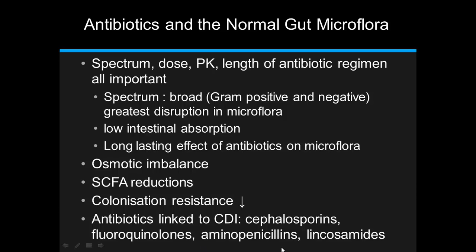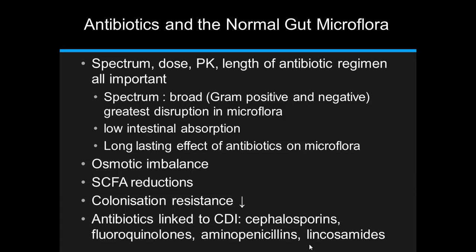The last antimicrobial class linked to C. diff infection are the lincosamides. These are antibiotics such as lincomycin and clindamycin. And these were the first antimicrobials that were linked to development of Clostridium difficile infection. And again, Clostridium difficile can be resistant to these antimicrobials, but they can often be sensitive as well.